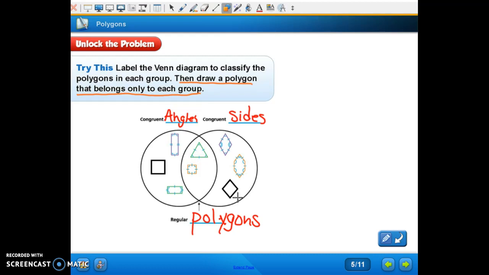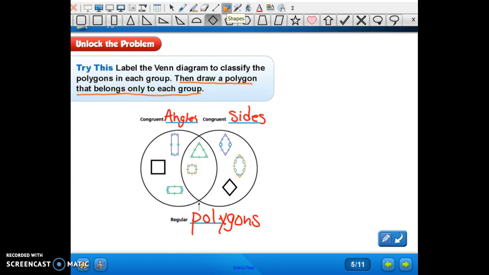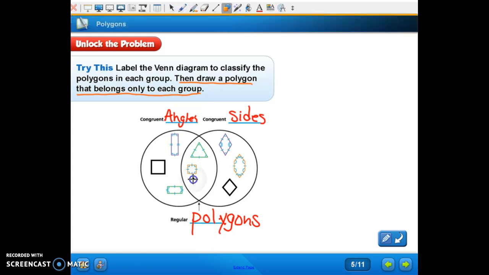Okay, yep. Now what could we put in the middle here that doesn't have to have equal sides or equal angles? How about a heptagon? 1, 2, 3, 4, 5? Pentagon. Okay.